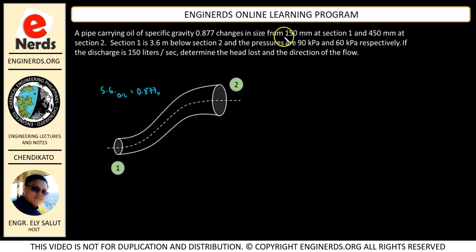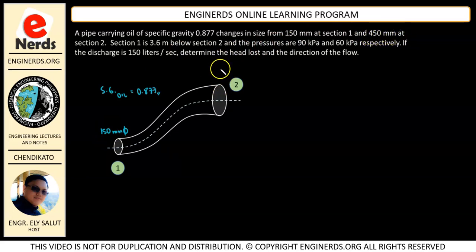Now, the size of our pipe changes from 150 mm diameter at section 1. So the diameter of our pipe in section 1 is equal to 150 mm. While in section 2, we have 450 mm diameter.